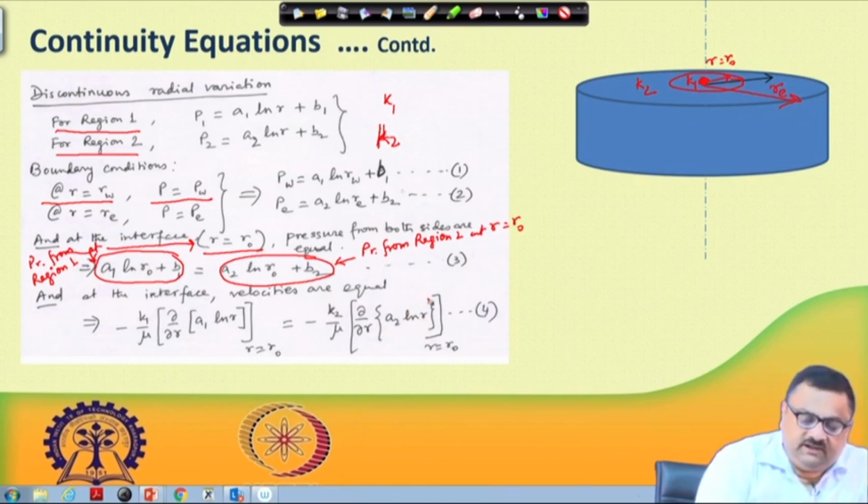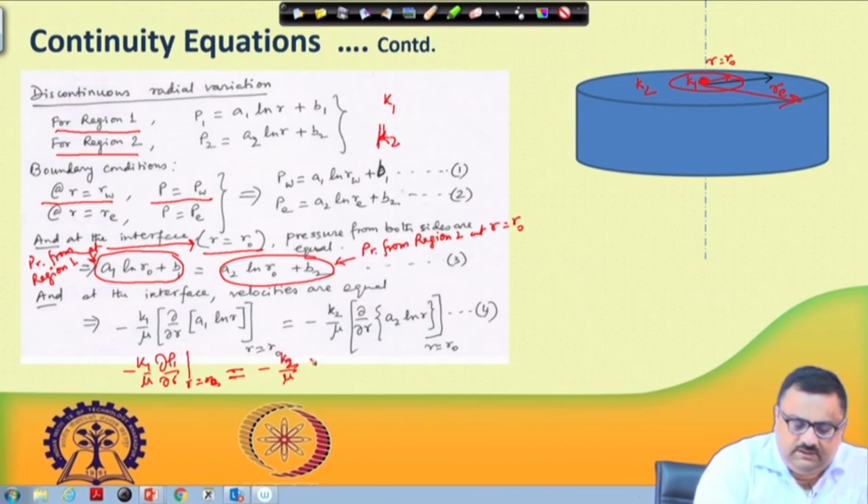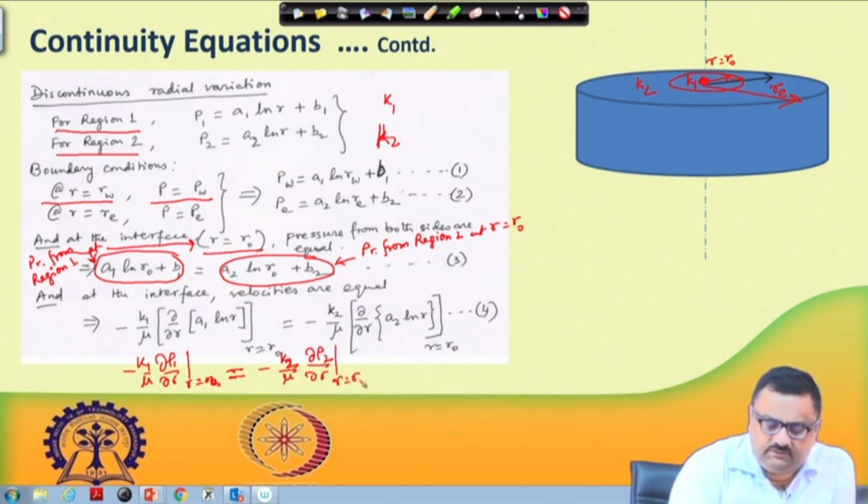So, this is essentially saying minus k1 by mu del p1 del r at r equal to r0 is equal to minus k2 by mu, region 2, del p2 del r at r equal to r0.